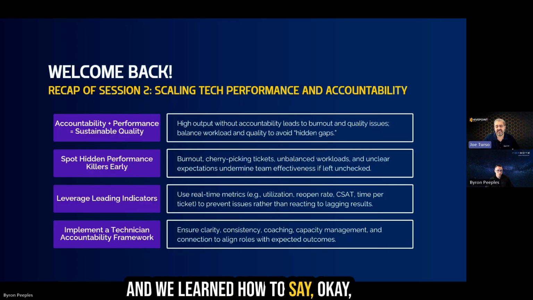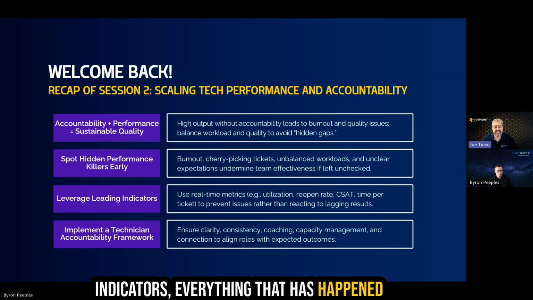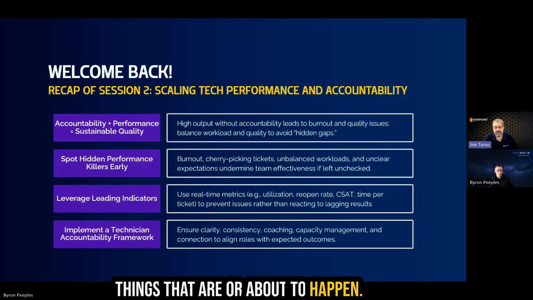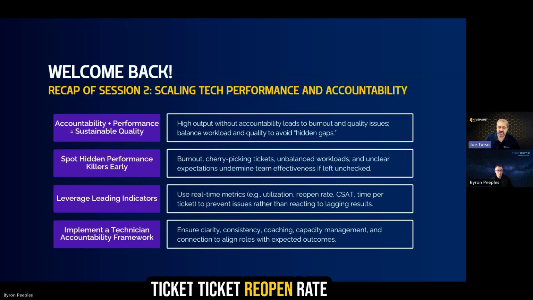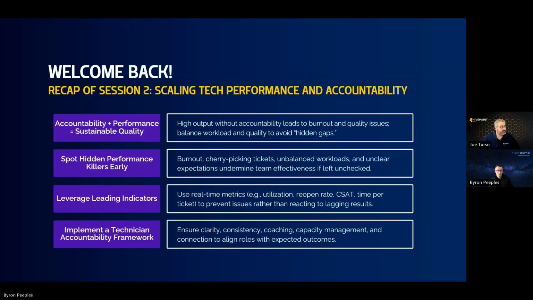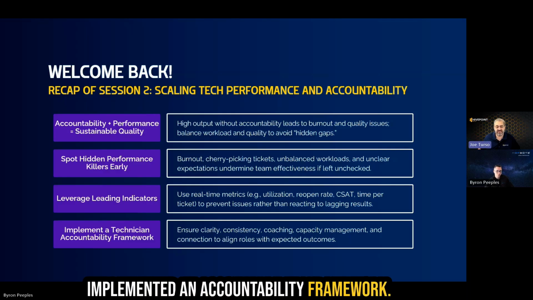And we learned how to say, okay, we were all looking at lagging indicators, everything that has happened, as opposed to leading indicators, things that are about to happen. Ticket reopen rate, the client sentiment, CSAT. These are things that we're looking at, the things that are happening. All right. And we wanted to make sure that we implemented an accountability framework.